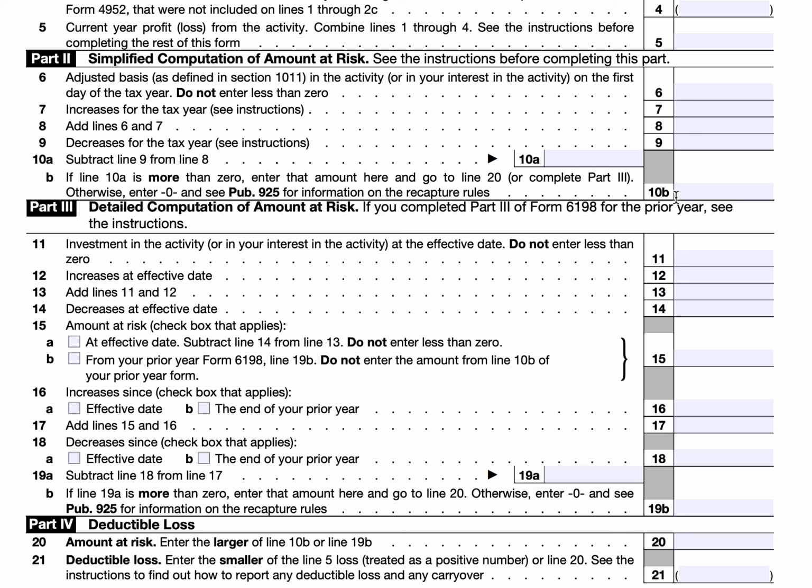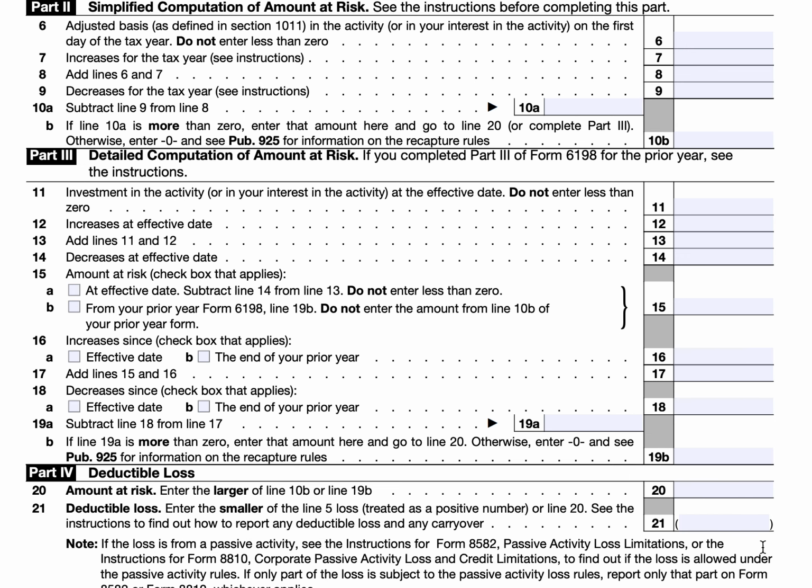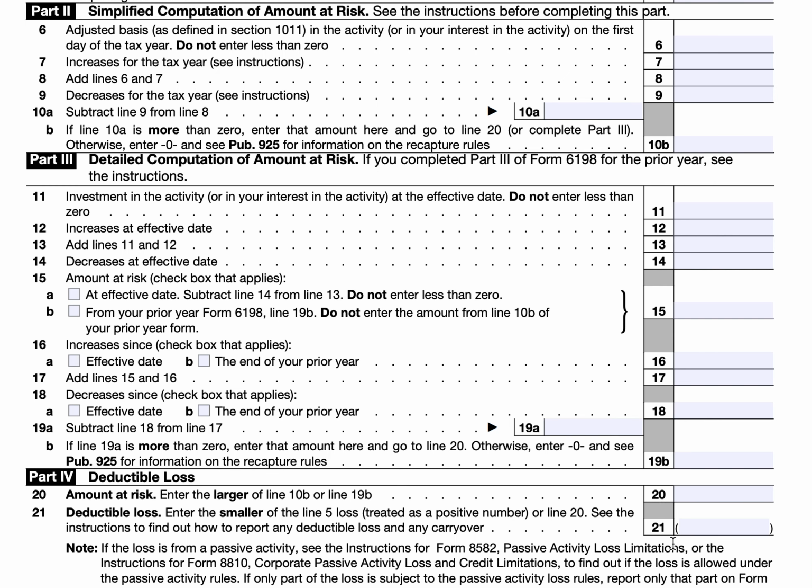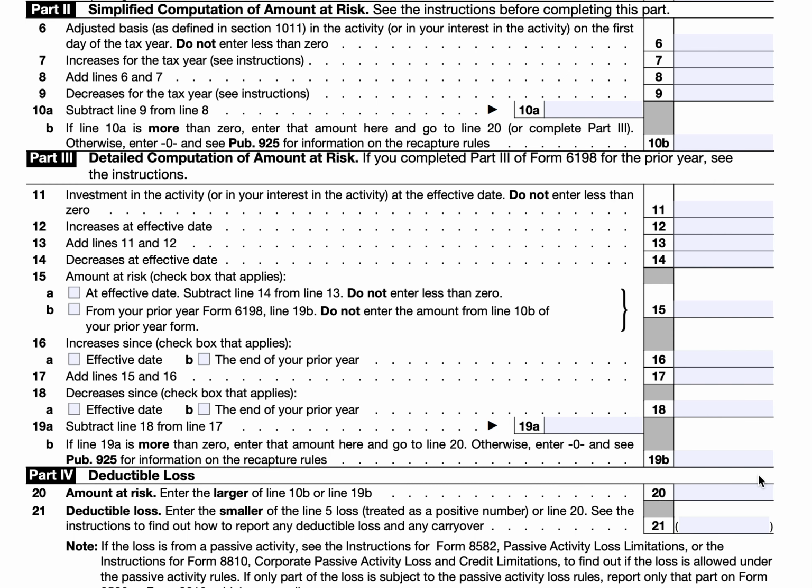And the larger the number at risk, the more of a deductible loss that you will have. And so, as you can see, right under line 20, you're going to enter the smaller of the loss that was listed here, the actual current year loss, or the amount that you had on line 20, which is the amount at risk.